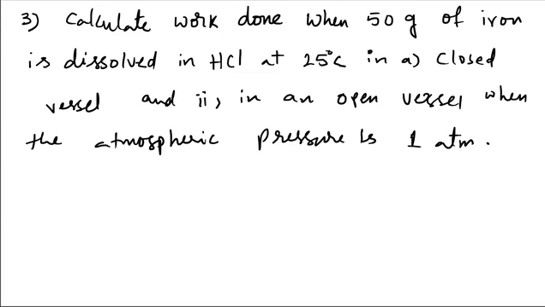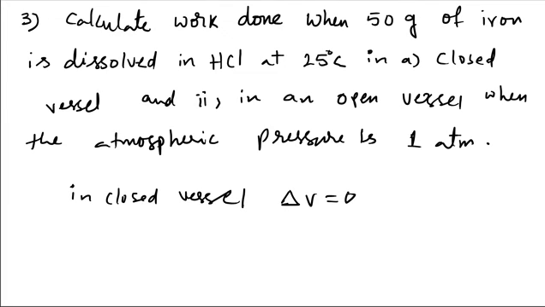That is the problem. So let's see, when there is a reaction carried out in a closed vessel, is there any volume change? There will be no volume change because it's a closed vessel. So in a closed vessel, delta V is equal to 0.